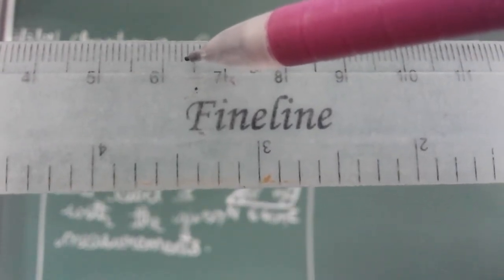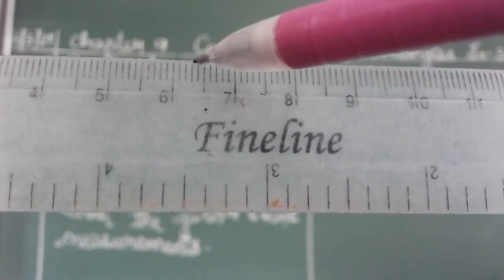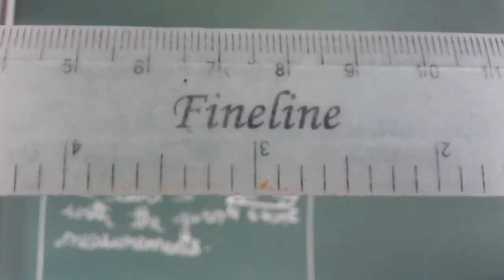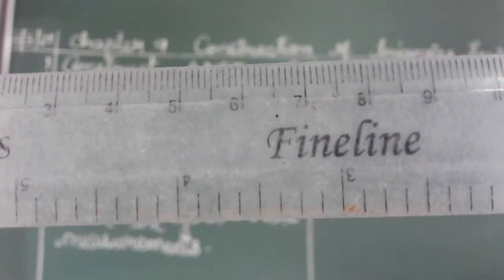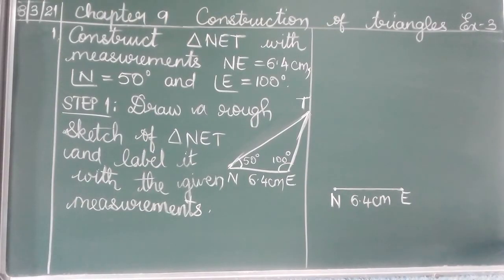One line before that is 6.4. So you need to mark a point over here. Okay, from 0 to 6.4 you have to mark a point and then draw a line to join them. Do this, children. Okay, so on the board I have drawn a line segment NE of length 6.4 centimeters.